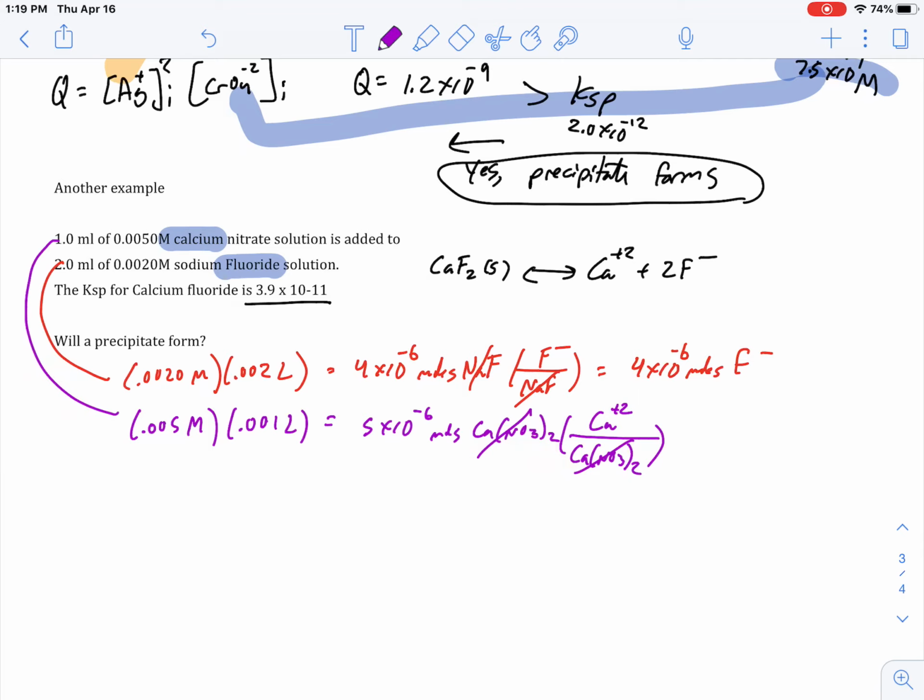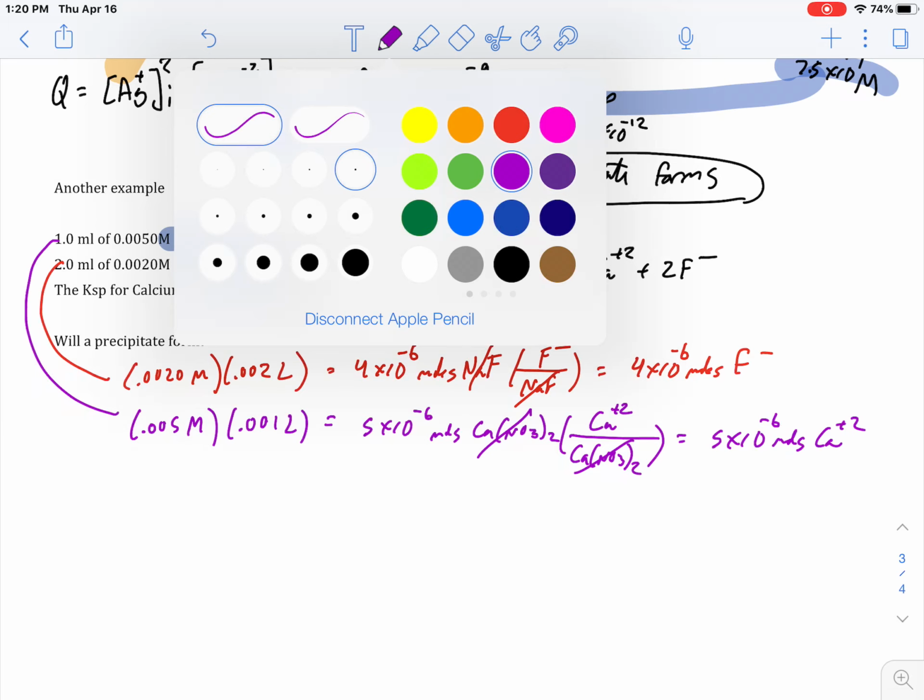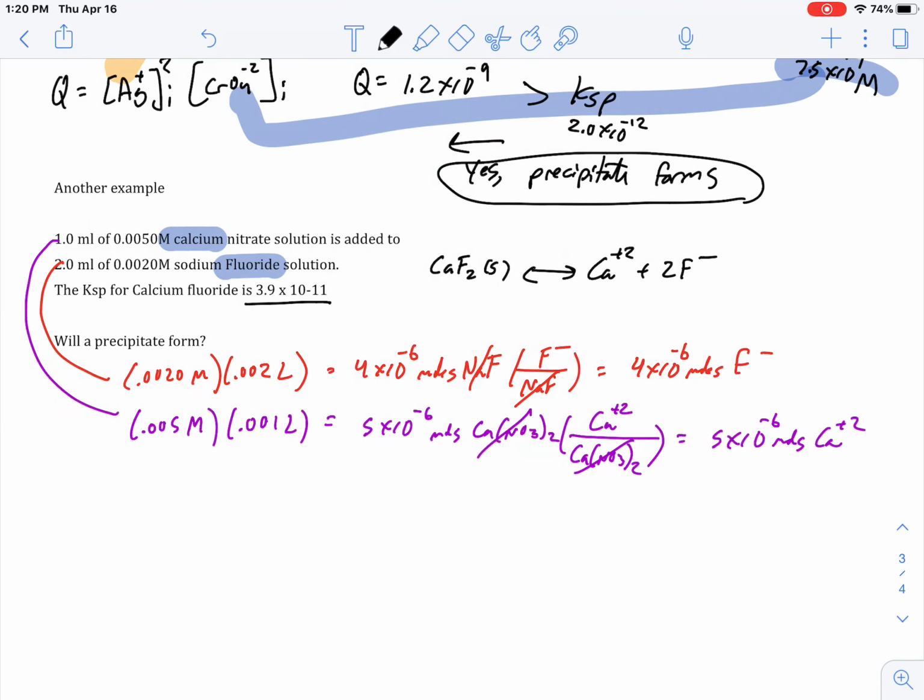We're only interested in the calcium. So 5 times 10 to the negative 6 moles of calcium. All right, so we have our moles for both. In order to solve for Q, we need molarities. So our total volume of our solution here is 3 milliliters, which is pretty small. Divide each of these by 0.003 liters.